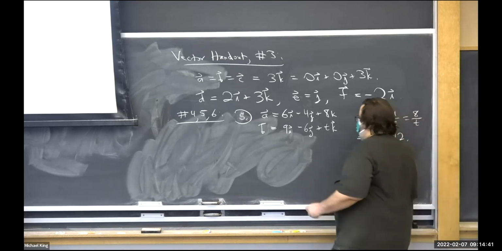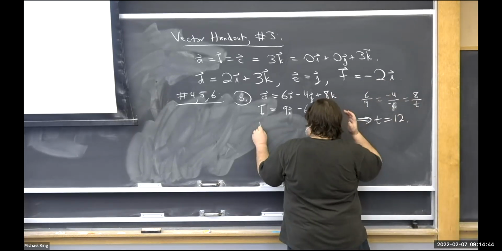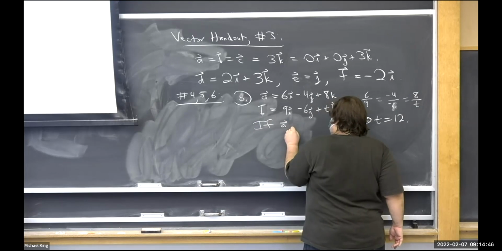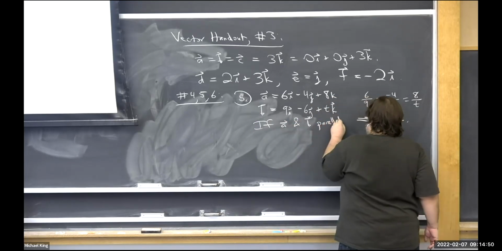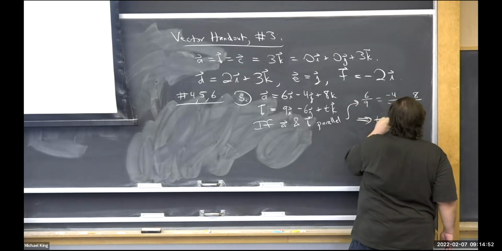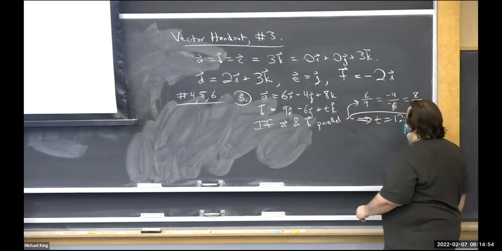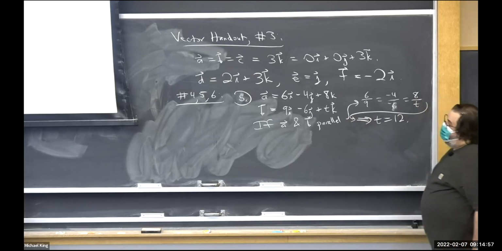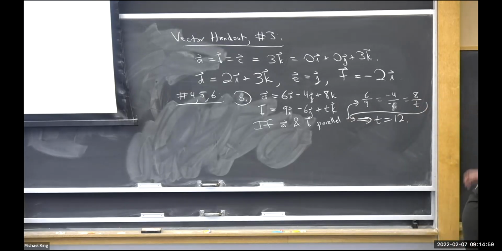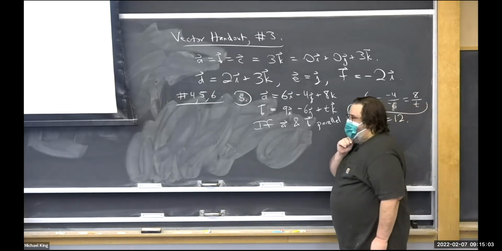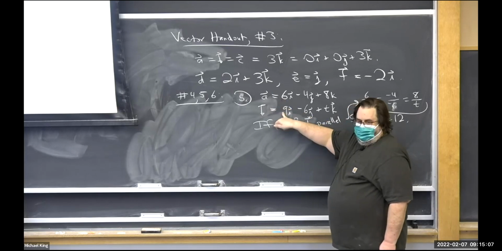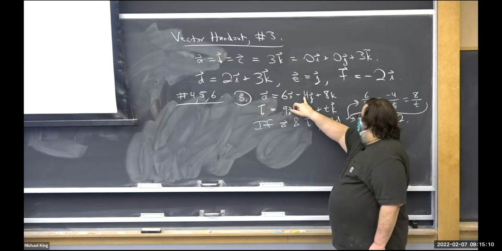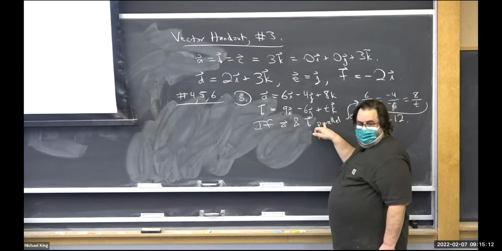I guess I should write, if A and B are parallel, then this should be true, which means that should be true. In general, a few people in breakout rooms on Friday said something like, if I multiply this by 1.5, and I multiply this by 1.5, I have to multiply this by 1.5.